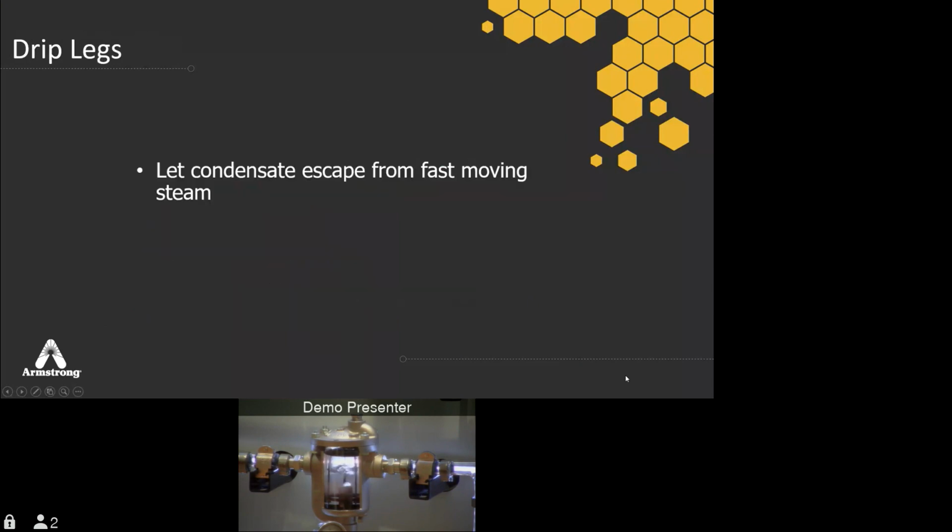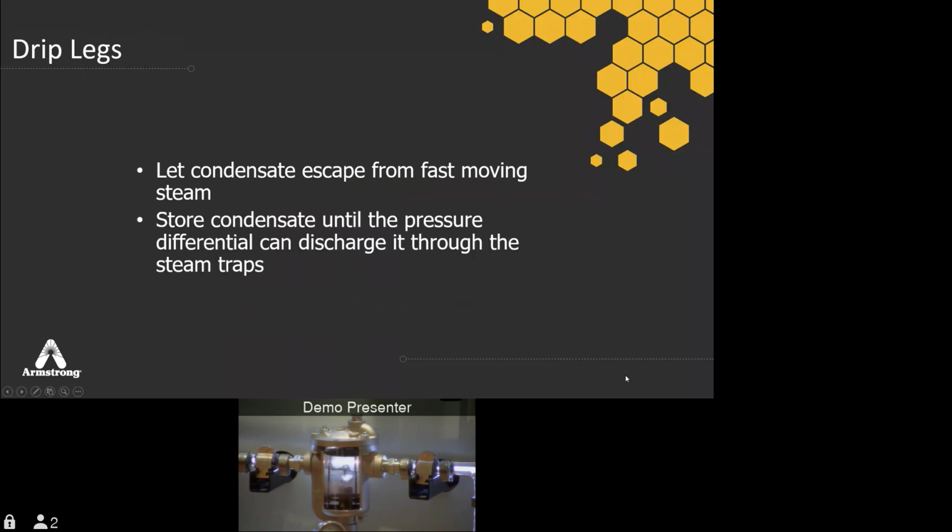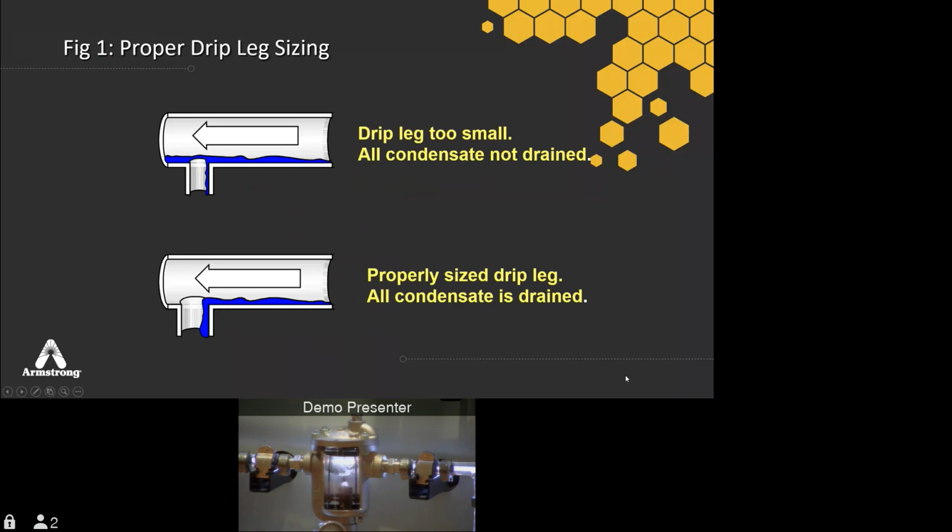Drip legs. So the purpose of that drip leg is obviously you want to get the condensate out of that horizontal line and out of the way, and so it turns into a place where water can be stored, so then the trap can do its work. And drip legs are a critical piece, and the sizing of drip legs are important. So when we look at drip legs, again, always in the bottom of the pipe.